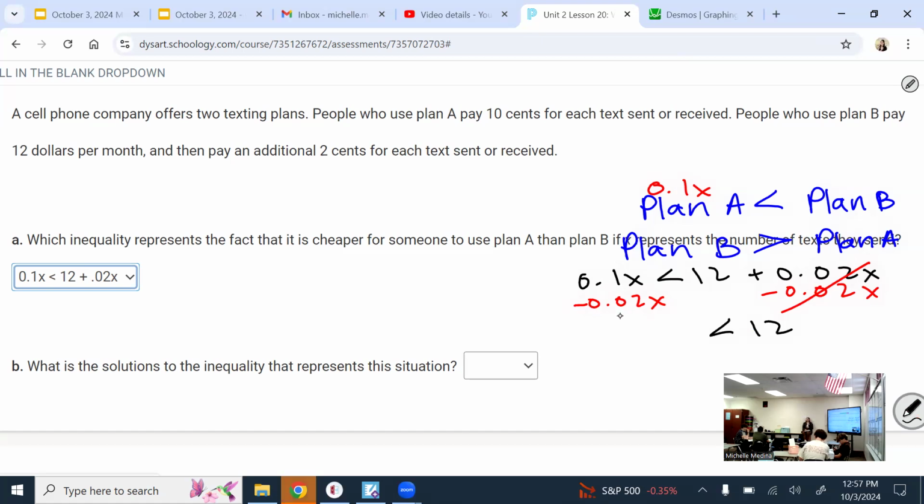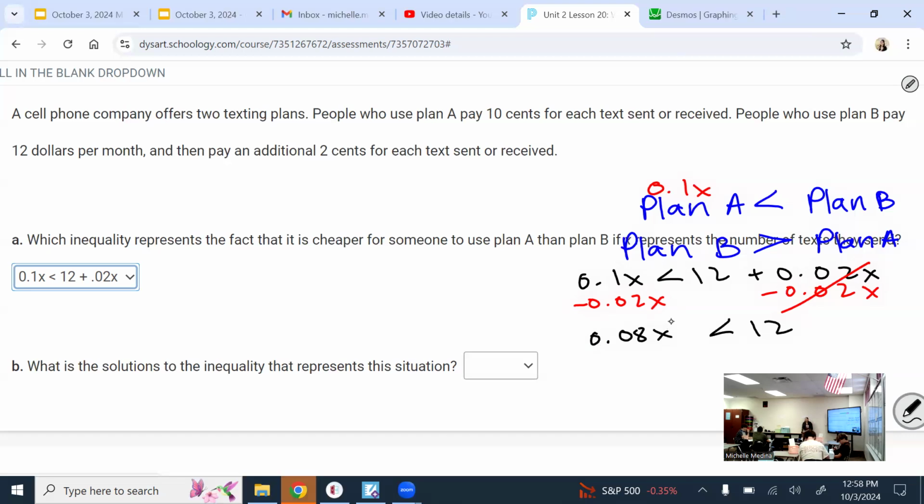And if these decimals are hard for you, use the calculator. But what's 10 cents minus 2 cents? 8 cents. Like that. Or again, you can use a calculator. Look at what's being done to the x and then do the opposite.